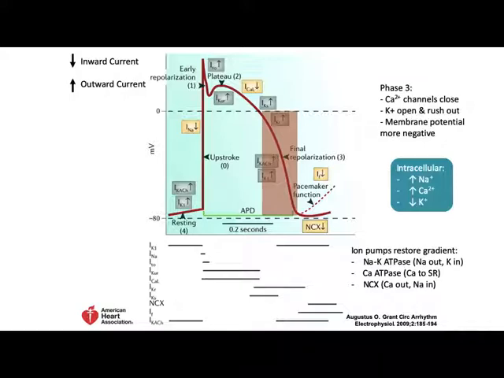All of those ion channels opening and closing, the flow of ions in, refractory period, moving ions out to restore normal balance, all that happens in fractions of a second. 0.2 seconds is shown here on the graph to give you a sense of the scale of time for all of these ions moving in and out.